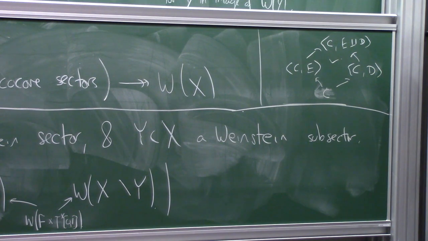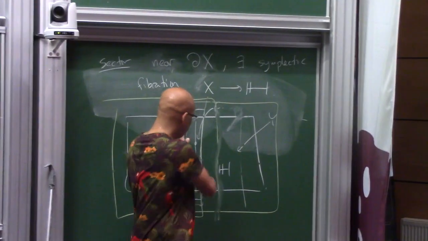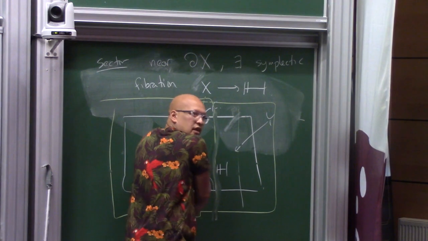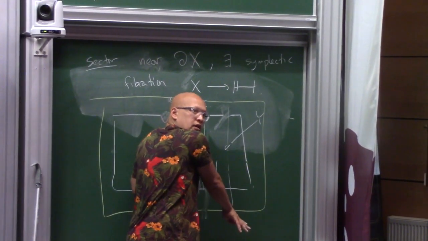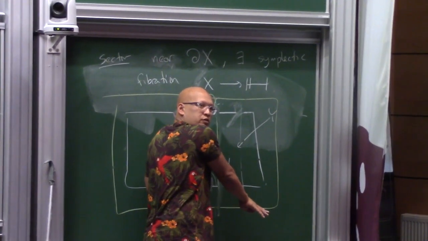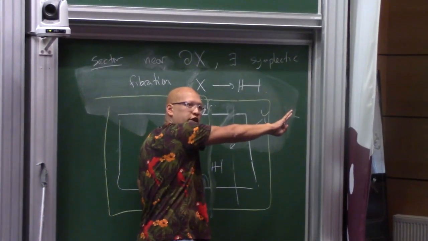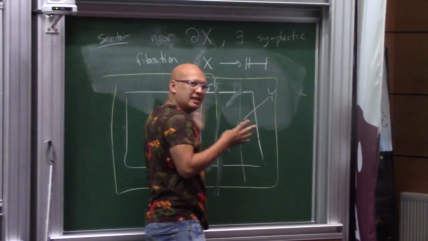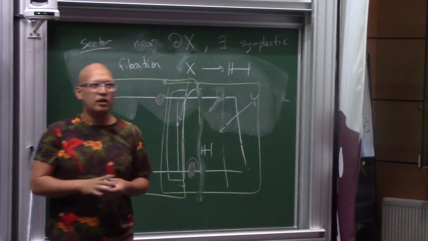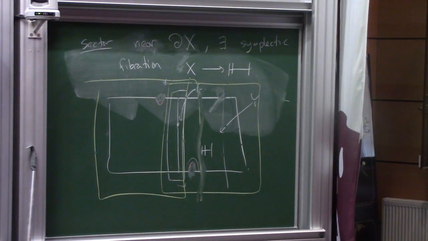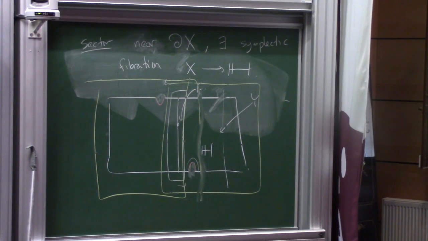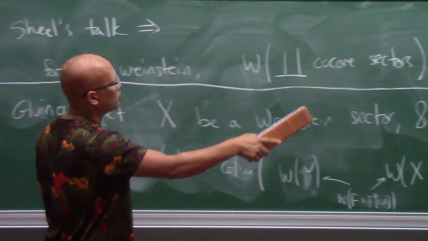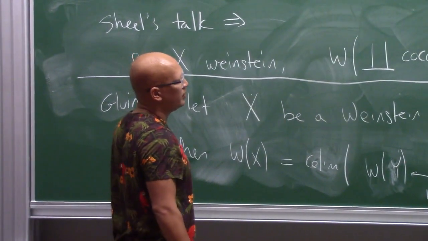But what's not obvious is that this whole side is generated by stuff from here and stuff from there. The only way I knew how to prove that is by first proving the full generation result. And it seems like overkill, but I don't know how to do that. So that's this localization argument.